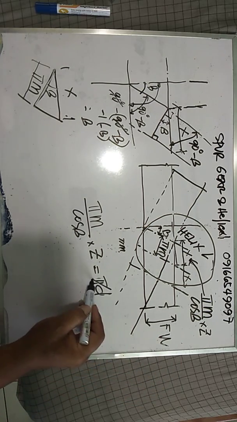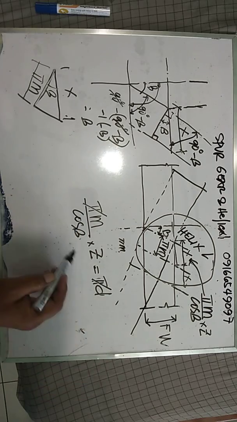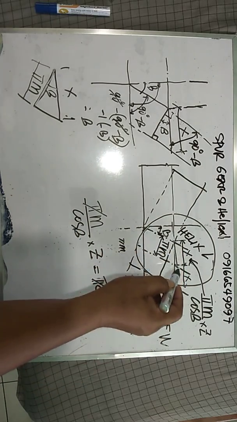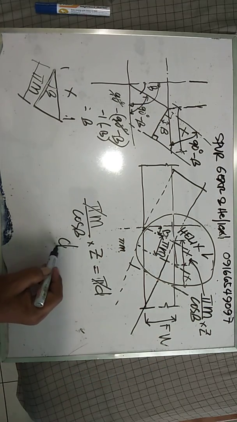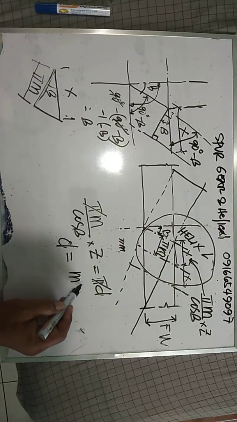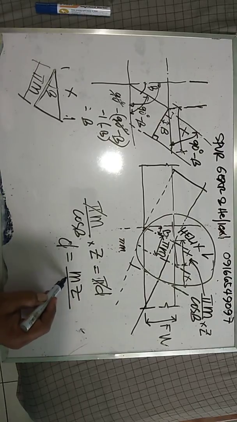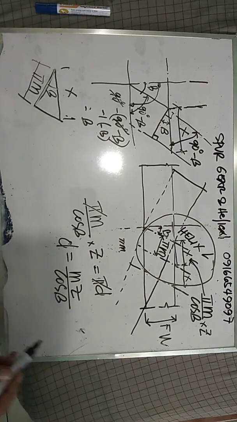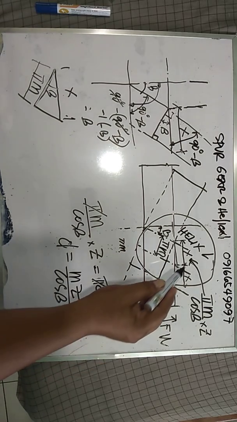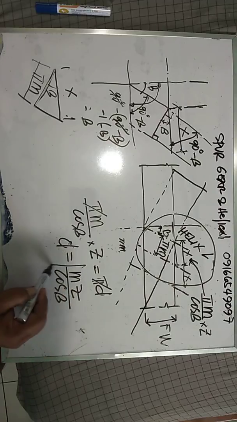You cancel out the pi. So the pitch circle diameter, based on this, is module times J over cosine beta. So the pitch circle diameter of a helical gear is this one.